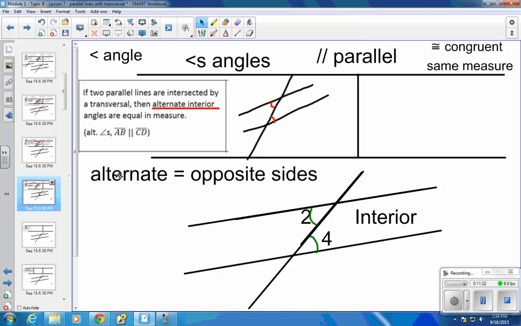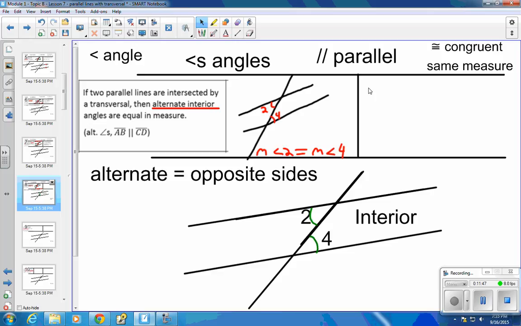Okay, so we got opposite sides, alternate, interior between the parallel lines. And those 2 angles, so let me give them a number up here. So we called this a 2, we called that a 4, and we know that the measure of angle 2 has to be equal to the measure of angle 4.